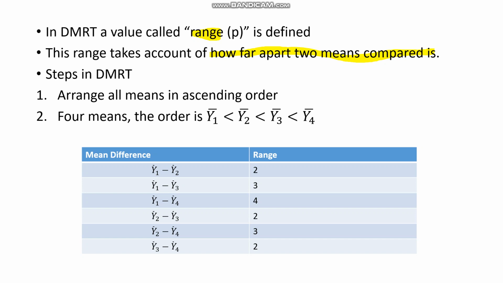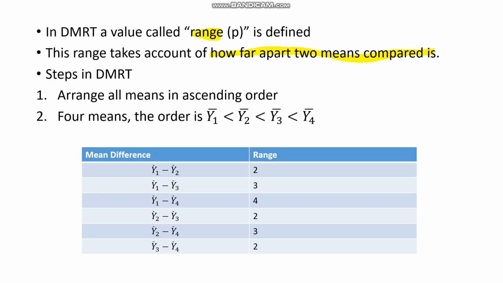Then these are the steps. Arrange all means in ascending order. First, you need to calculate the mean of your individual groups. Then we need to arrange those in ascending order. Then we can give values 1, 2, 3, 4. This is not the order of category. This is the ascending order.